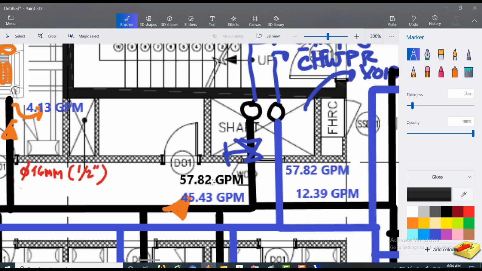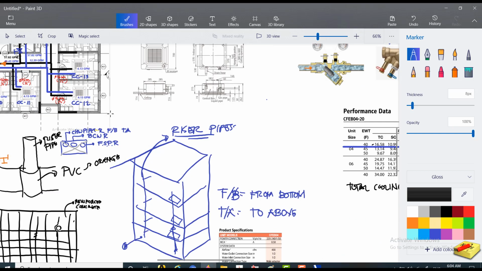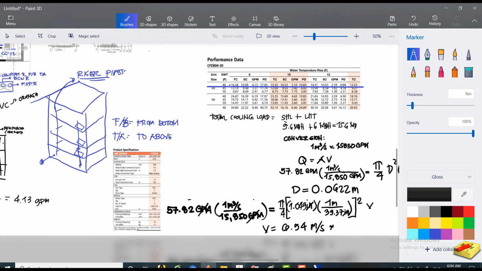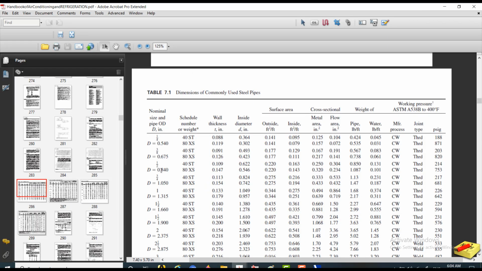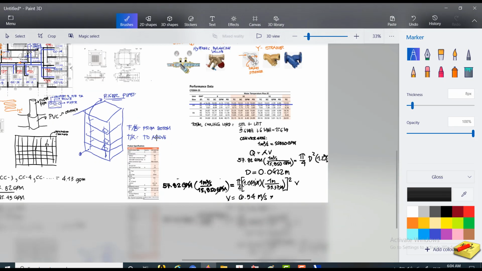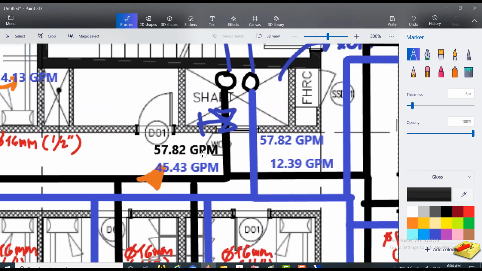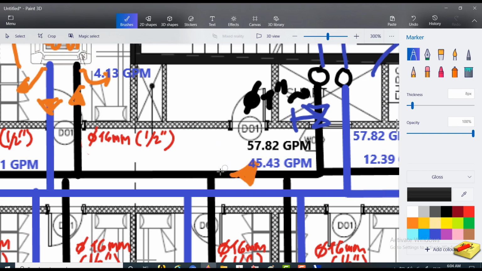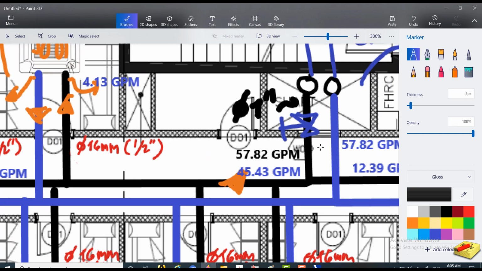So let's put the size here. So that will be the 1.049. So the nominal diameter is 1 inch. We're putting here 1 inch. So ito yan. Then that will be distributing. So let's take in this one.